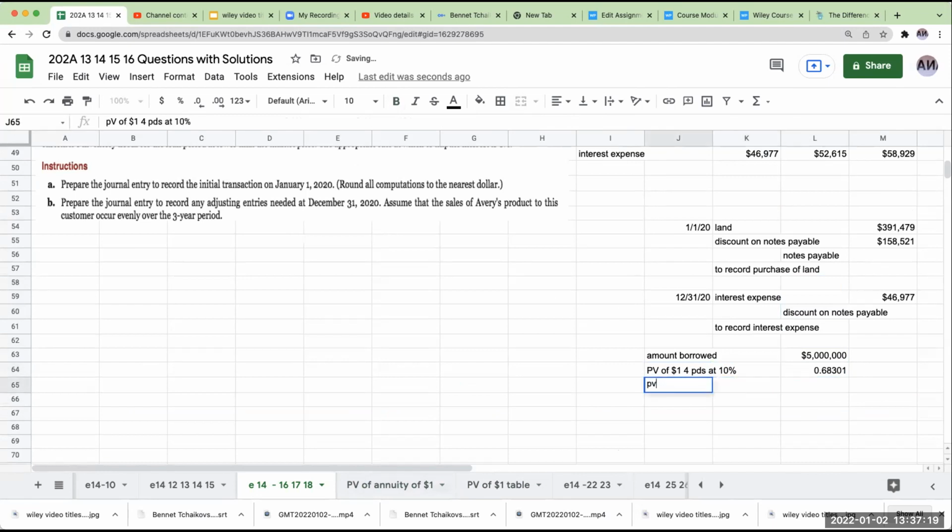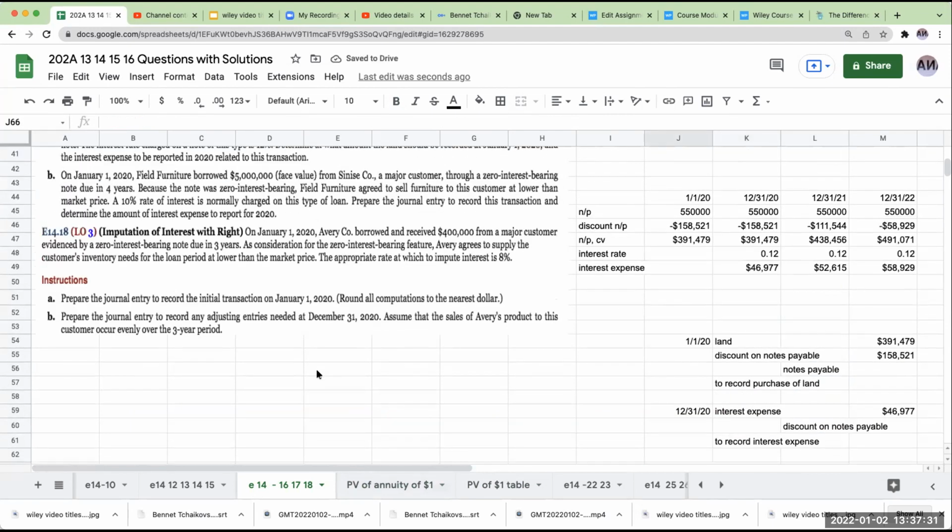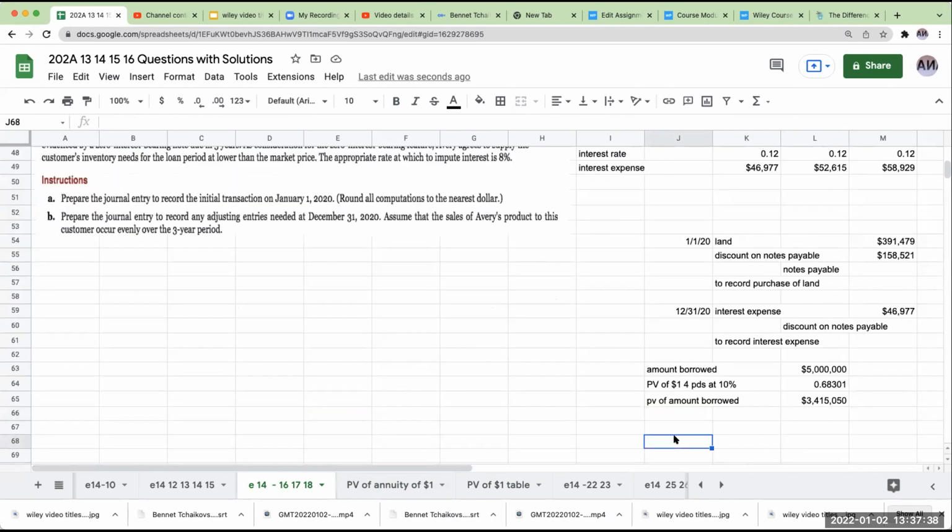So my present value of the borrowed amount is going to be 3,415,50. So what I'm going to do is record the transaction at 1/1/20.